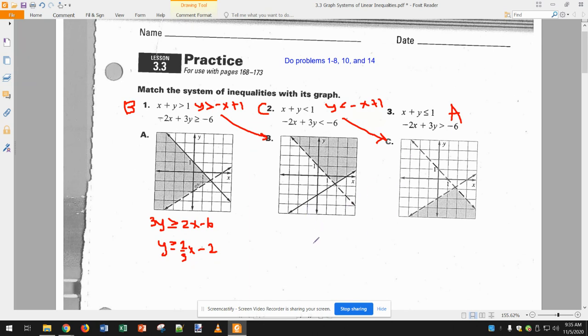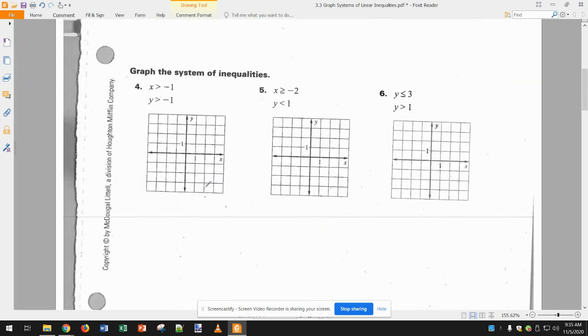So going down, now we have to graph these lines. So x is greater than negative 1 means we have a dashed line going right through where x is negative 1. And we're going to shade to the right. And then we have a horizontal line. Let me switch colors.